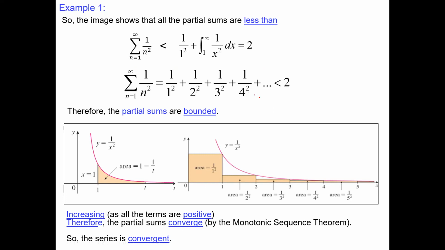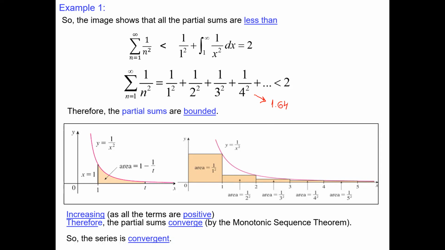We actually know from the table above that it's approaching 1.64, which is less than 2. So we had this numerical proof, and now we have this using the improper integral. We did get some comparison, and that is the way to use the integral, which we will call the integral test.